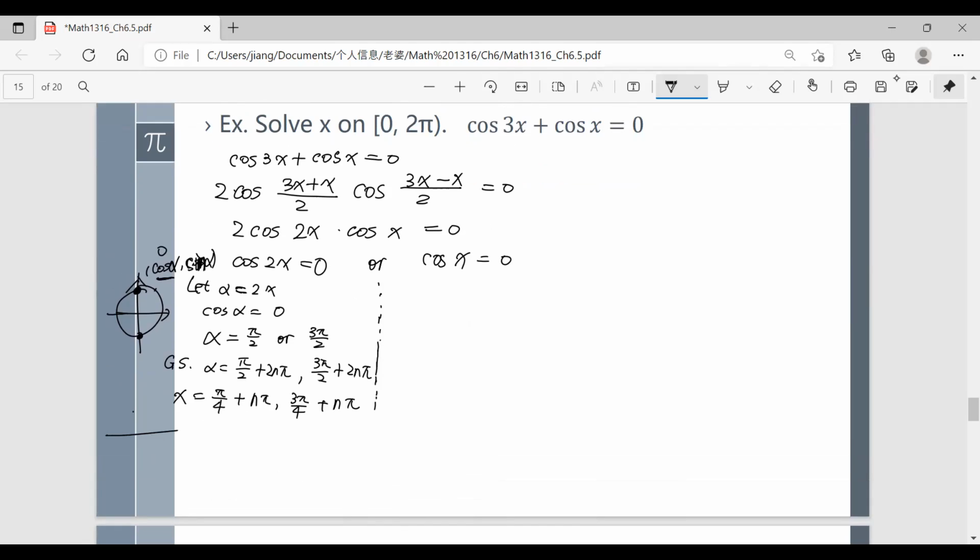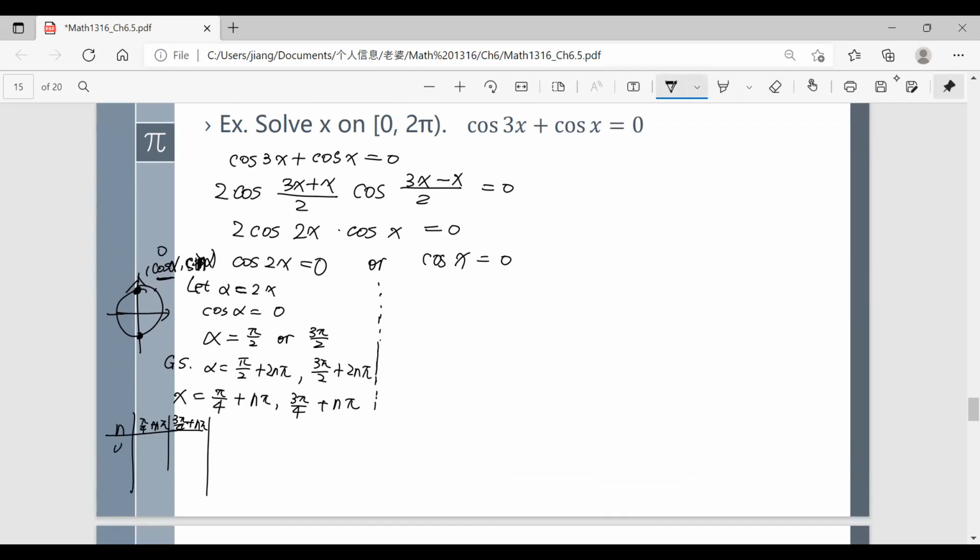I can also draw the table. Here is n, here is pi over 4 plus n pi, and 3 pi over 4 plus n pi. Let's see, if n is -1, that makes the angle negative.